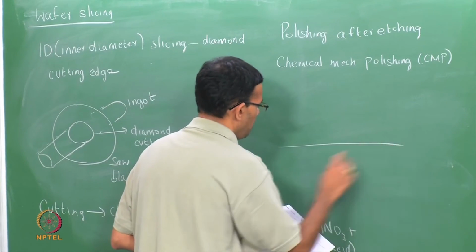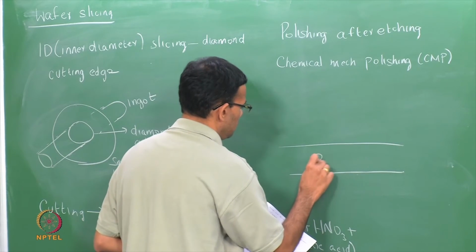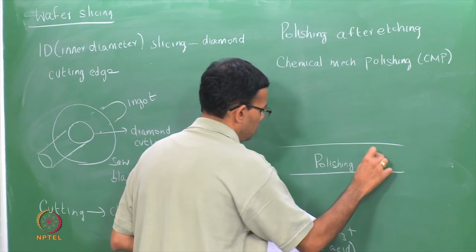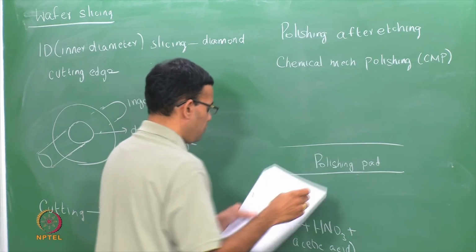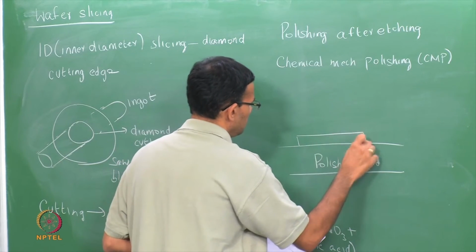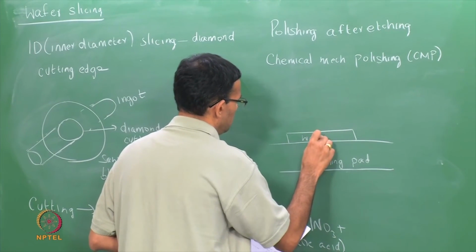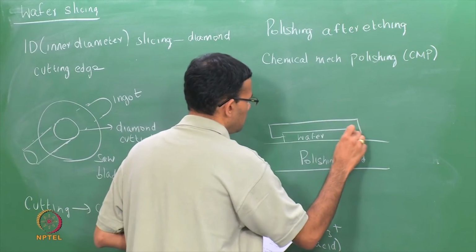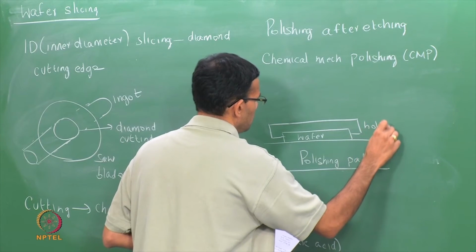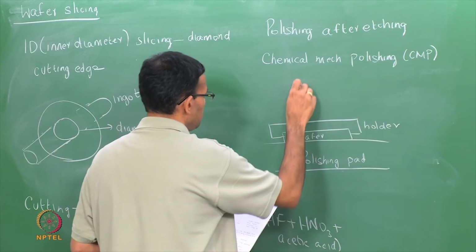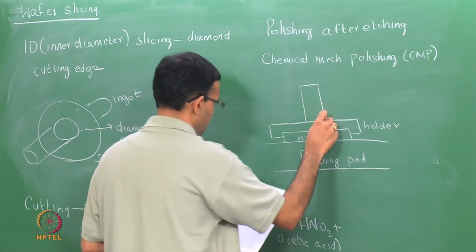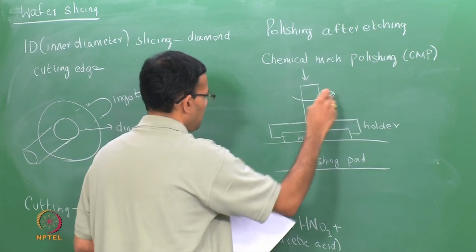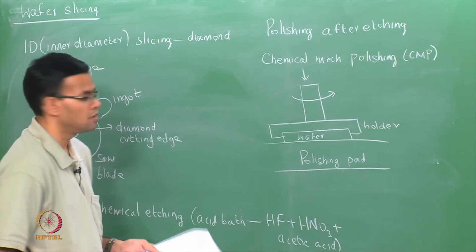In this case a polishing pad is taken, and the wafer is placed onto the pad with some sort of holder. Some amount of pressure is applied, while at the same time the holder is rotated.